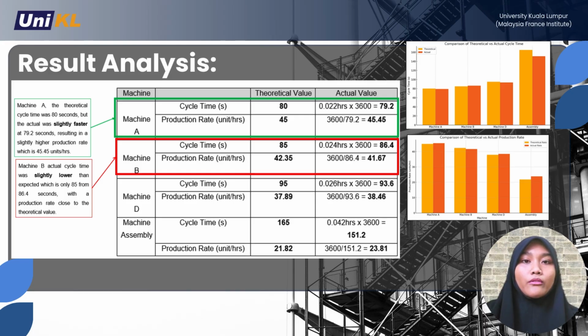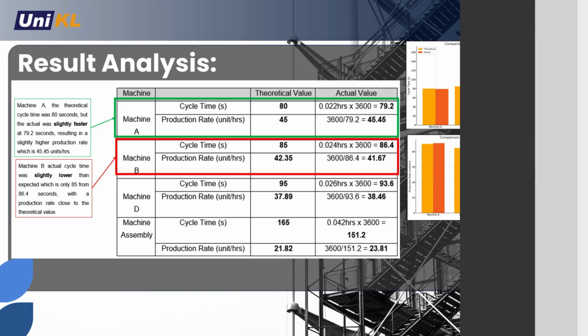From this we also show you the graph of the difference between the theoretical and the actual value of the cycle time and the production rate. Here we can see that the production rate increased from the projected 21.82 units per hour to 23.81 units per hour.